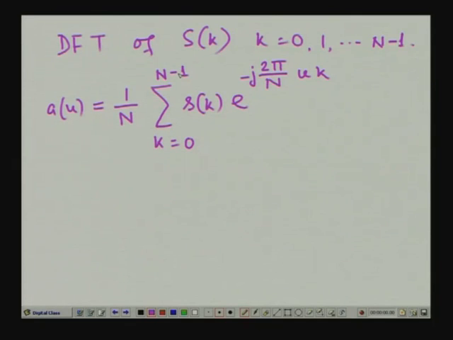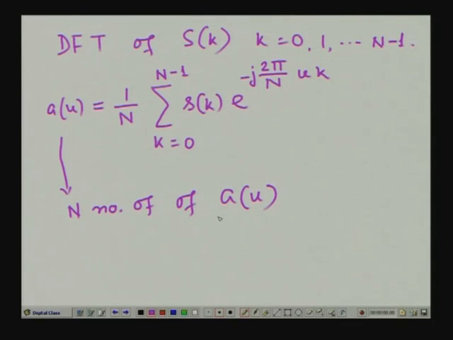By doing this, I get N complex coefficients Au. Each coefficient Au is complex.